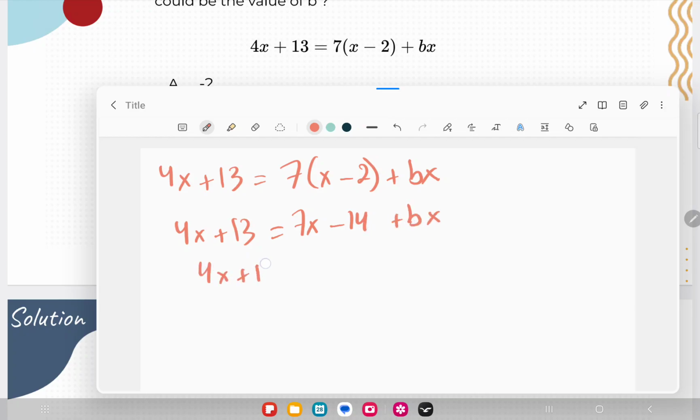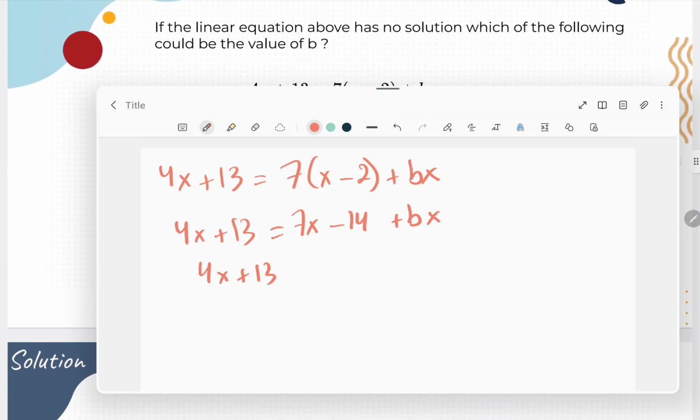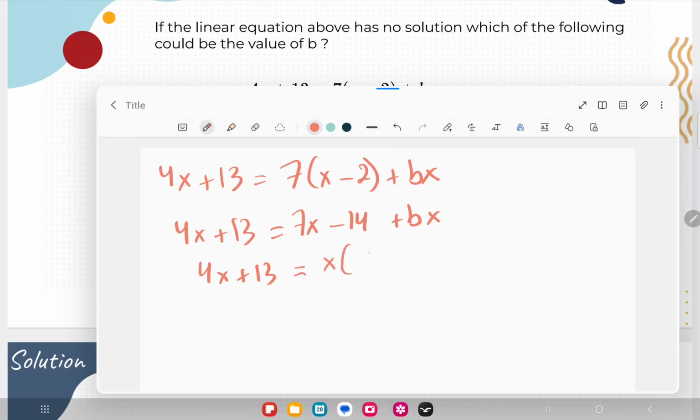Now 4x plus 13, what are they telling you? If the linear equation above has no solution, which of the following could be the value of b? So now over here, I'm using the formula of similarity, minus 14. So they're telling me it has no solution.